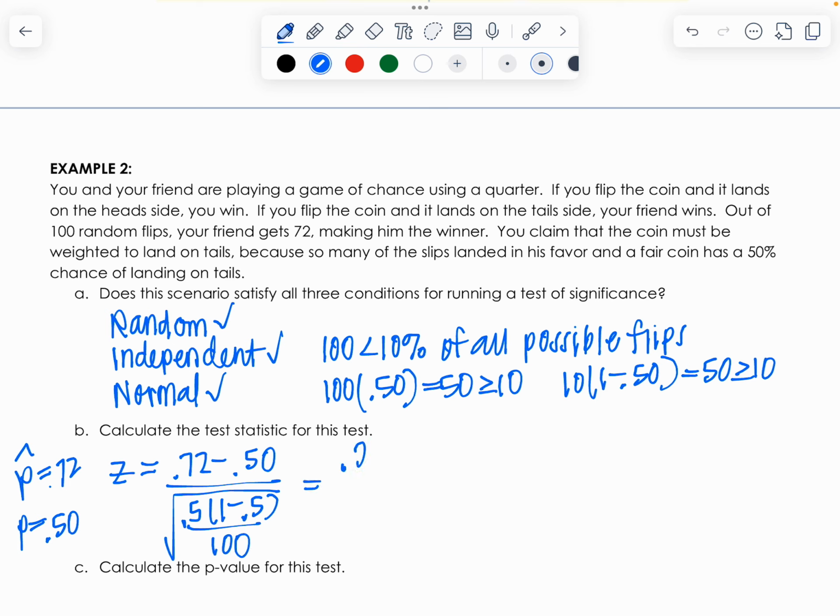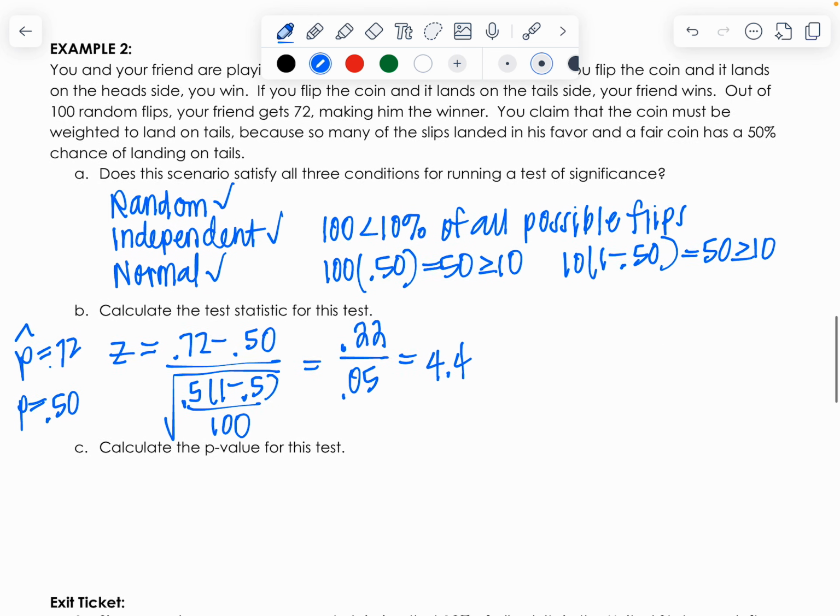Okay, so here we get 0.22 over 0.05. So 4.4. So that means we're 4.4 standard deviations above the mean if 50% is actually the mean.